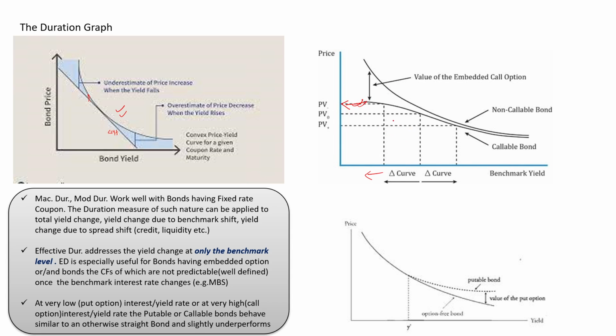For such an instance, the duration graph is not as uniform as that of the straight coupon bond, as we see that it's capped here. Exactly the reverse happens when we are talking about a bond with an embedded put option.